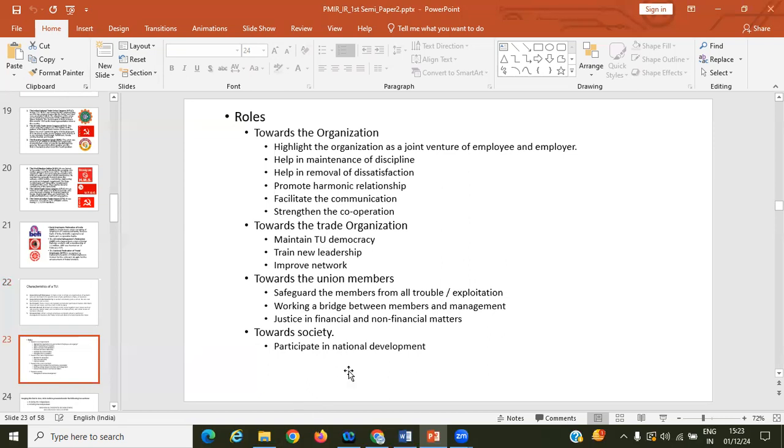The same thing we studied in a different slide, where we understood the functions of a trade union. There are different functions, and all these functions you can divide into four categories: what it does for the organization, for the union itself, for the society, for the member. There are so many things.